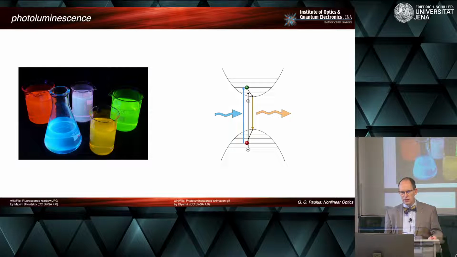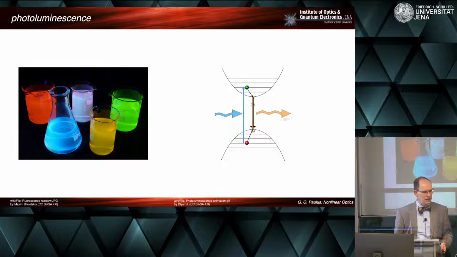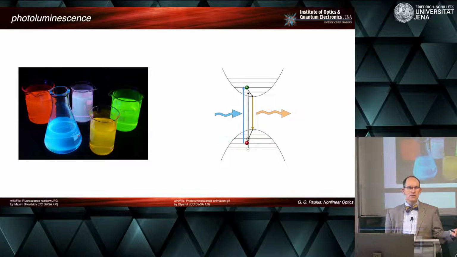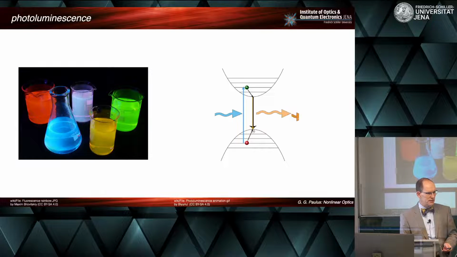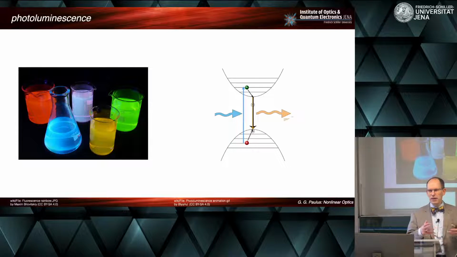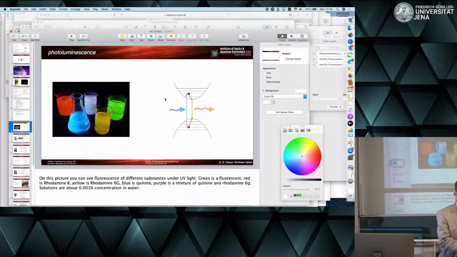Rhodamine 6G, rhodamine B, and other dyes were illuminated with ultraviolet light that you don't see, and then these fluids light up in all kinds of colors, depending on the dye molecule that's in there.